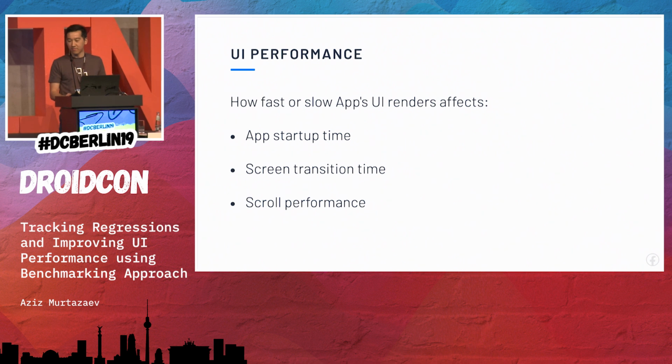If it loads in 3 seconds, eventually users may start leaving the app. Screen transitions, when you're moving from one surface to another, should also be as fast as possible. And if scrolling stutters, it's not a great experience either.